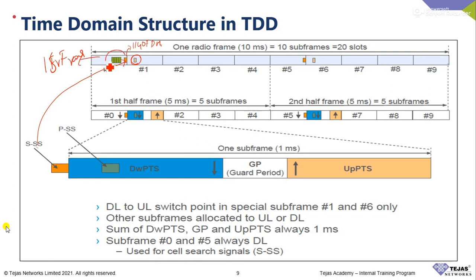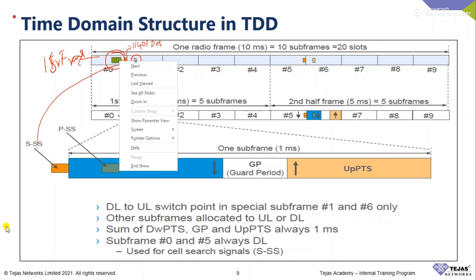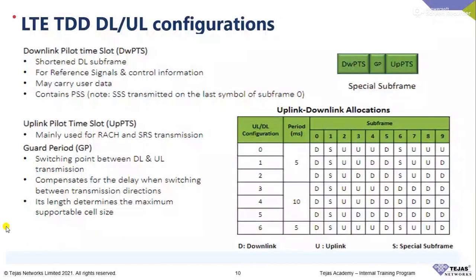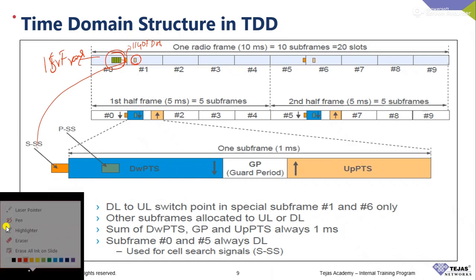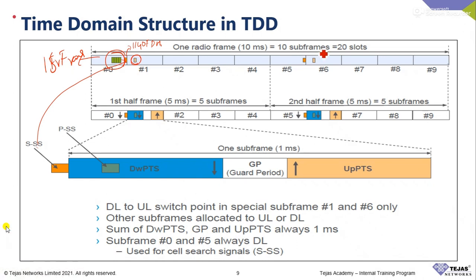And PBCH also comes in the same frame, just one gap, and then we are getting PBCH. Okay, so PBCH comes here, PSS and SSS come here, and again you can see here, PSS comes here, SSS comes here.